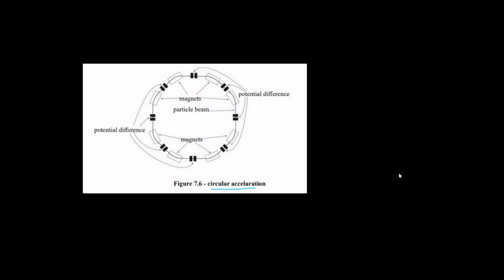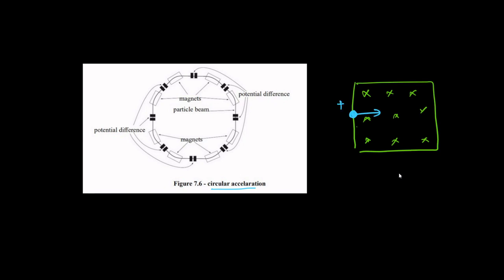Let's look. We know that in a region of magnetic field, if we have a particle, let's say a positively charged particle is projected into this with velocity v, then it will undergo a circular motion. So here, according to Fleming's left hand rule, force is upward.